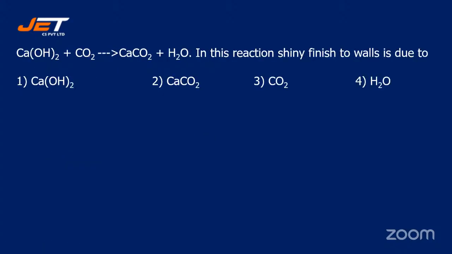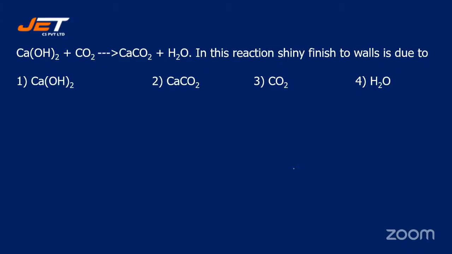Calcium hydroxide plus carbon dioxide gives rise to calcium carbonate plus water. In this reaction, the shiny finish to walls is due to what? First one, calcium hydroxide; calcium carbonate; carbon dioxide; and water. Which is the right option in this? Option 2, Srutasya mentioning option 2.